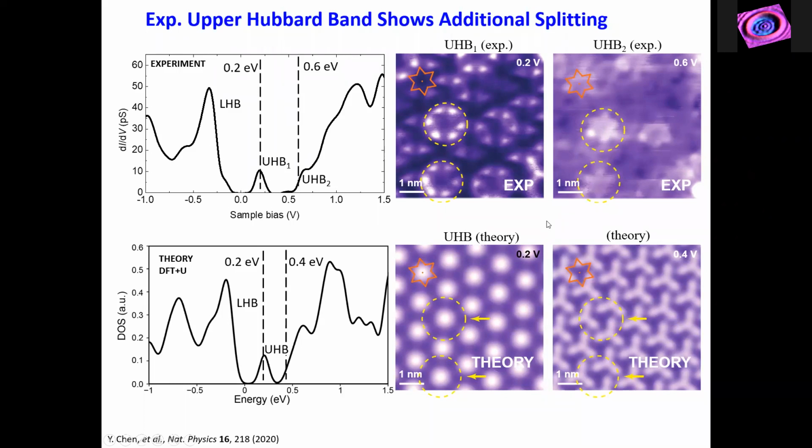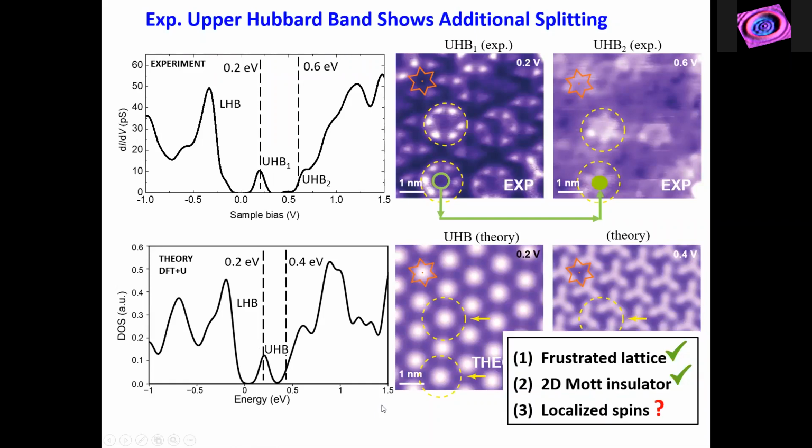What we think is happening here is that there's an electron in the filled states. There's an electron sitting here in the center, and we believe that the Coulomb repulsion of that electron is pushing state density from the middle to higher energy. So we're getting some shifting of the spectral density of the upper Hubbard band up to slightly higher energies.